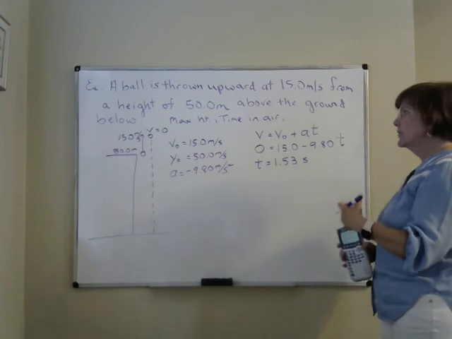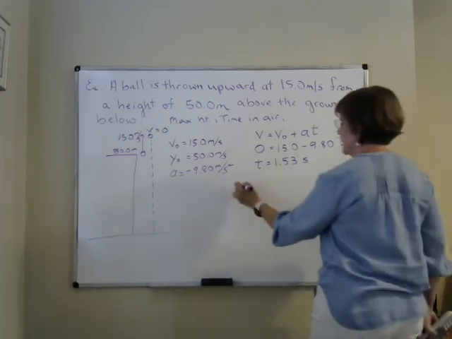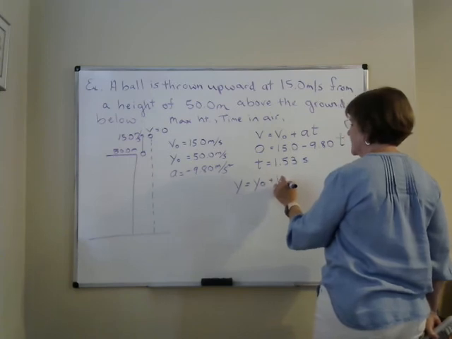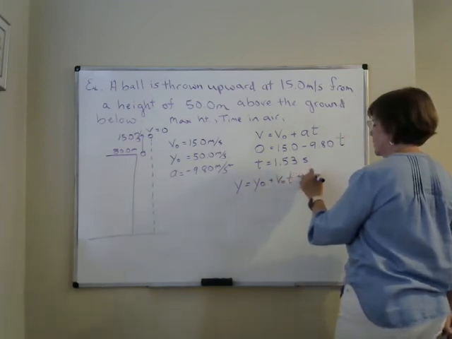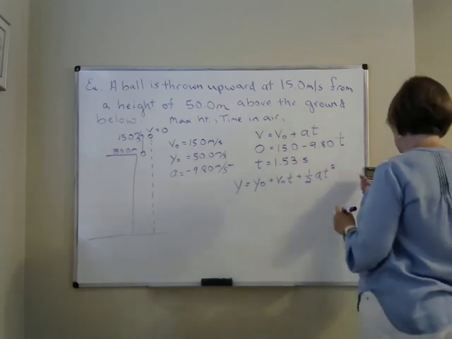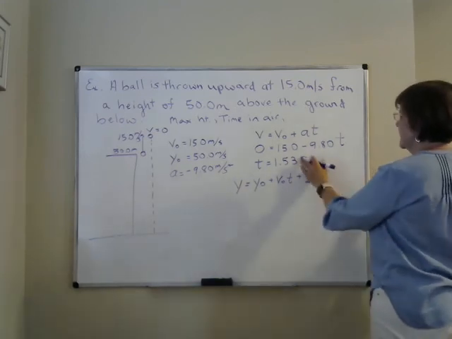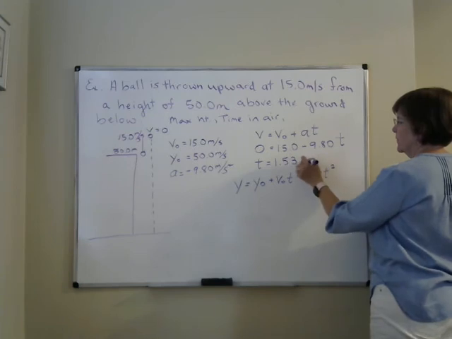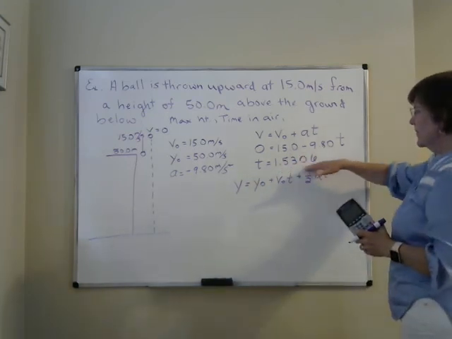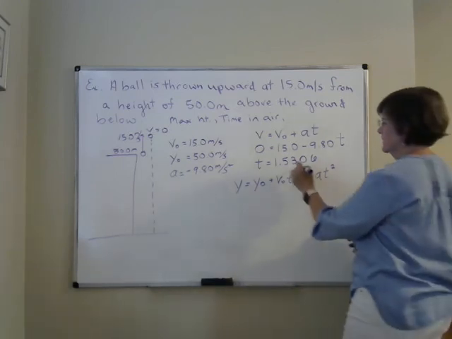If I want to know the maximum height, I have to do y equals y0 plus v0t plus 1/2 at squared. But I know the time, and this is really close. If I wanted to put in more digits, I really don't need to, because it's like 1.5306, but we can do that.